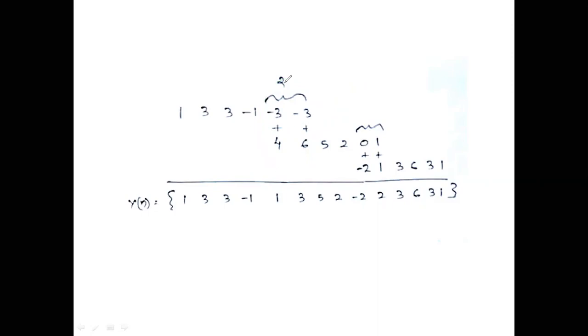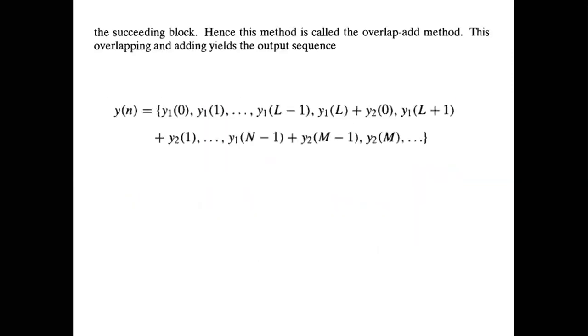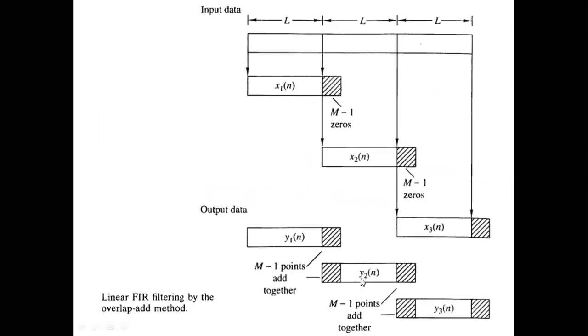What is this 2, by the way? This is the length of the impulse response minus 1. That's the amount of overlap you need to introduce. The method is called the overlap add method.